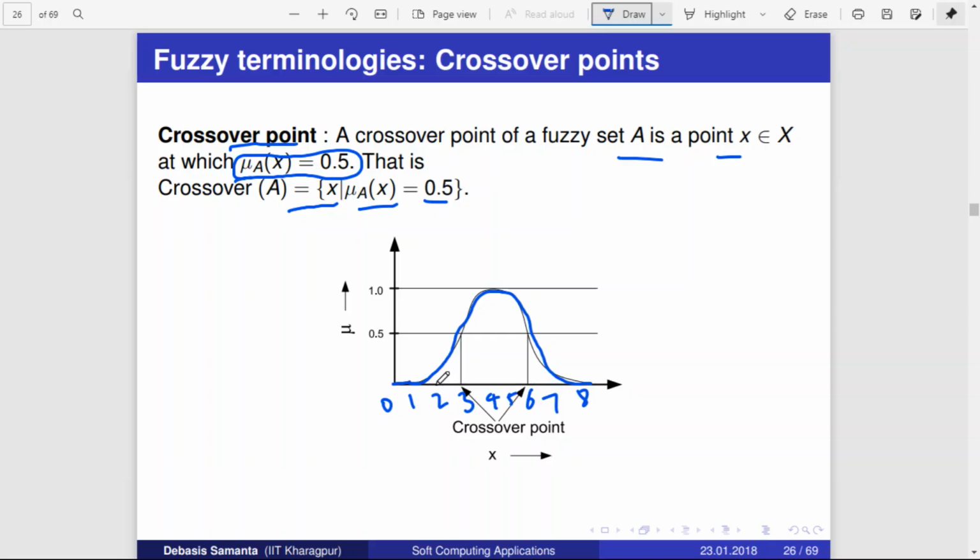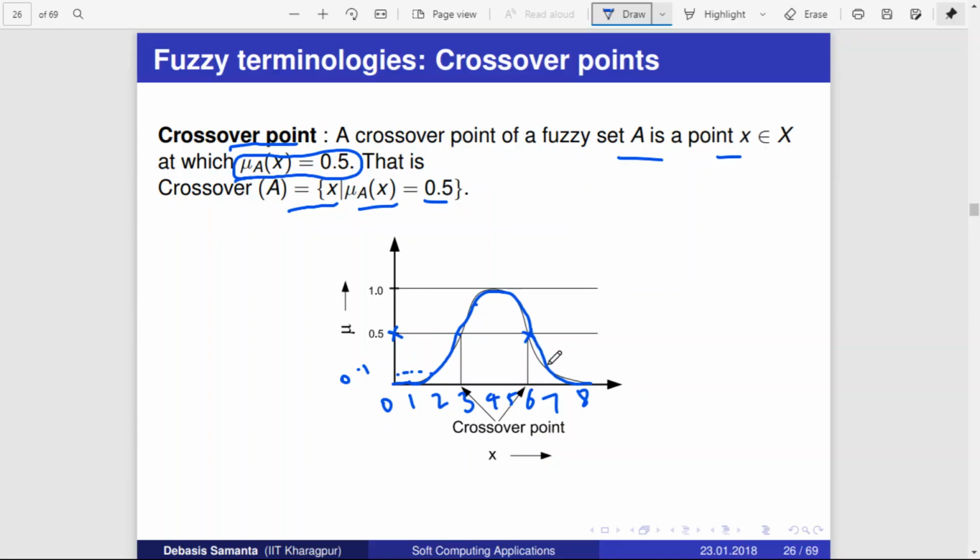For 2, it is somewhat here, maybe 0.1. For 3, it gives 0.5. For 4, it gives maybe 0.8. For 5, it is 1. Again for 6, it gives 0.5. So these two are the crossover points.